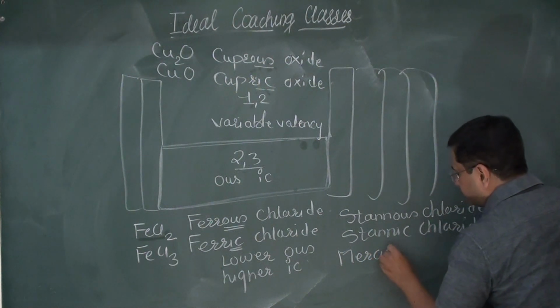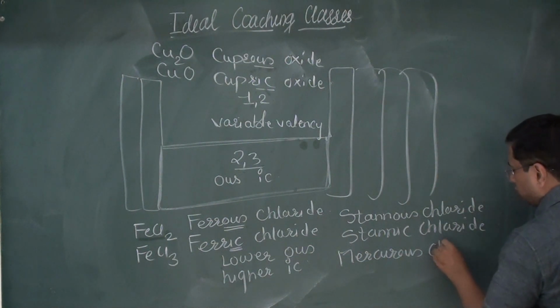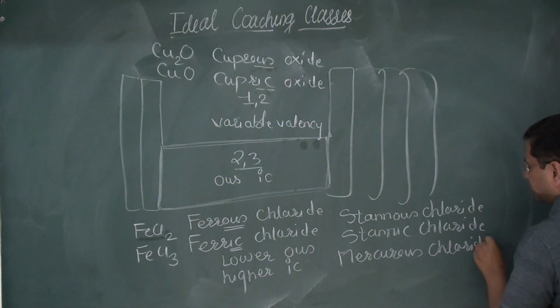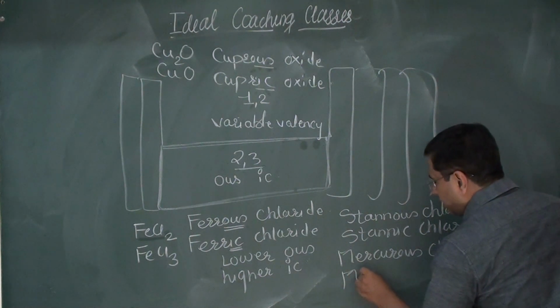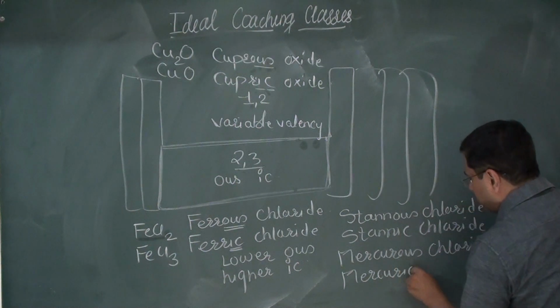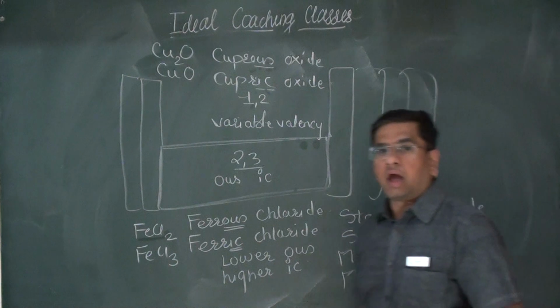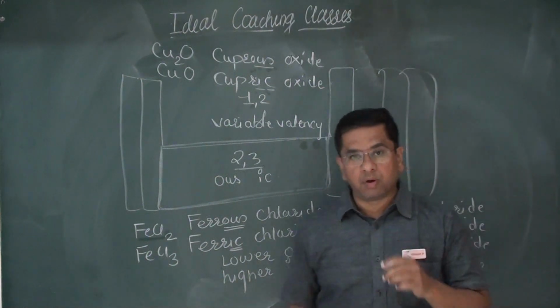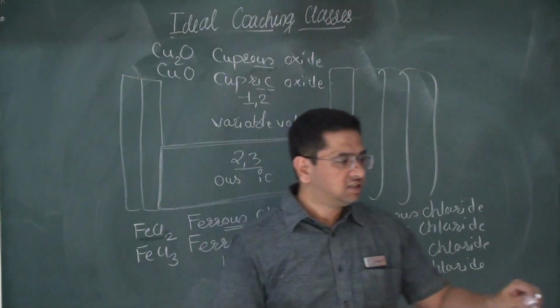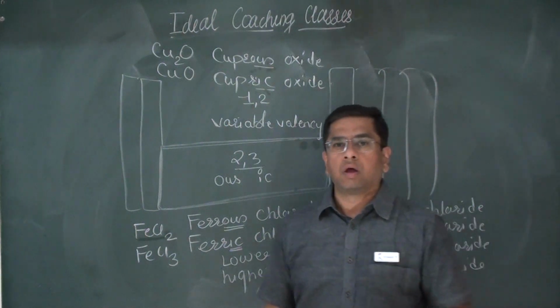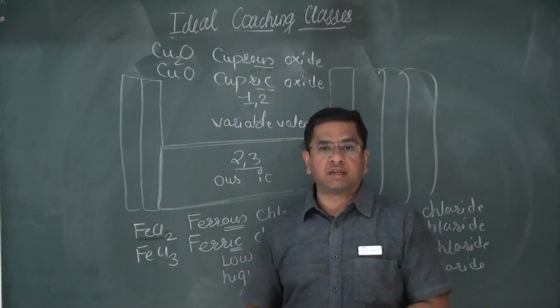Mercurous chloride, we take chloride because it's very simple, valency is 1, and mercuric chloride. You have to write down the formulas and understand what valencies are shown over here. So this is what the homework is.